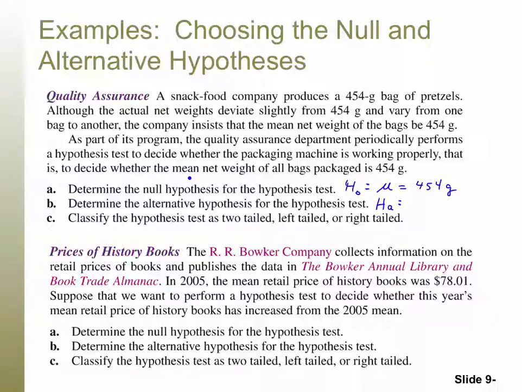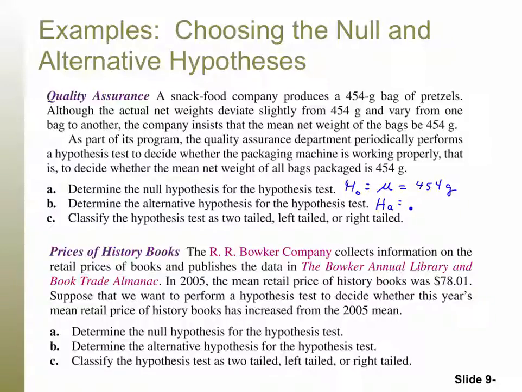Putting too many pretzels in the bag is not good, because that costs the company money. And by not putting enough in, they're not living up to their word about the amount in their bags. So all we're doing here is testing the performance of the machine, and the machine could be going wrong either by putting too much mass in the bags or not enough mass in the bags, and so that's a two-tailed test.